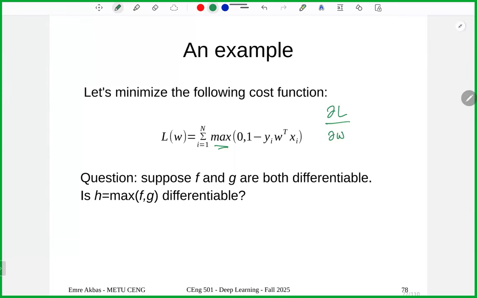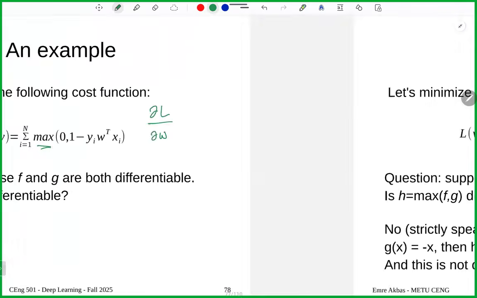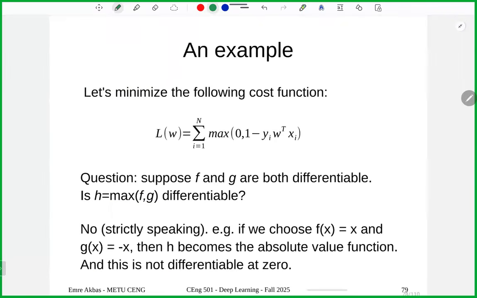max? Because the max function is actually not differentiable in a strict mathematical sense. So, for example, if you choose f to be x and g to be minus x, it will be something like this function, x on one side, minus x on the other side.